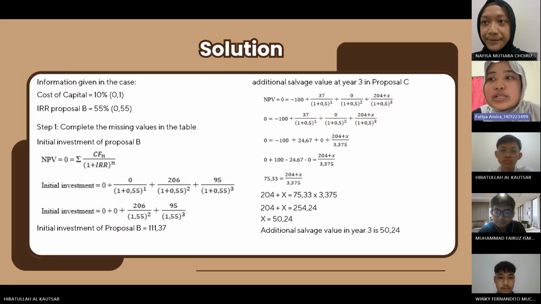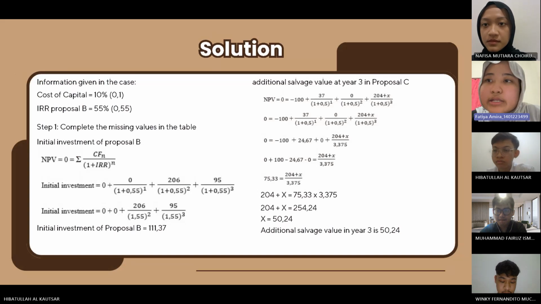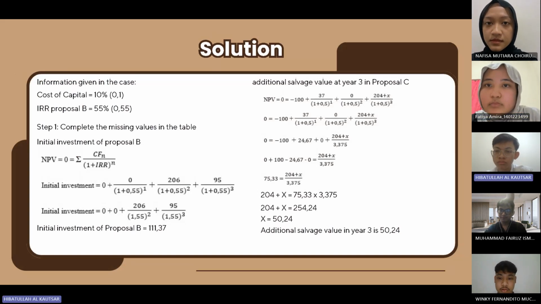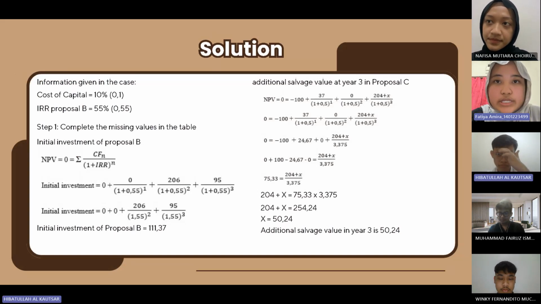Okay, so to calculate the data that's still missing on the table, first we have to calculate the initial investment of proposal B using the NPV formula and the IRR of proposal B that equals 55%. The IRR is a discount rate that makes the net present value of all cash flow equal to 0.